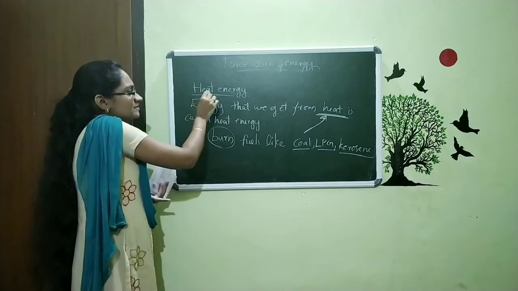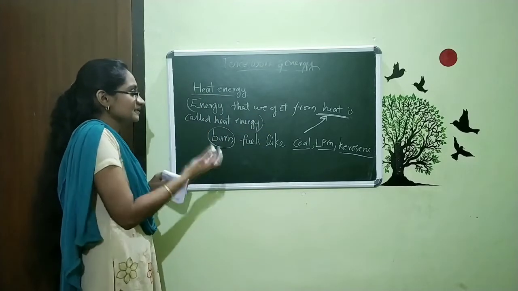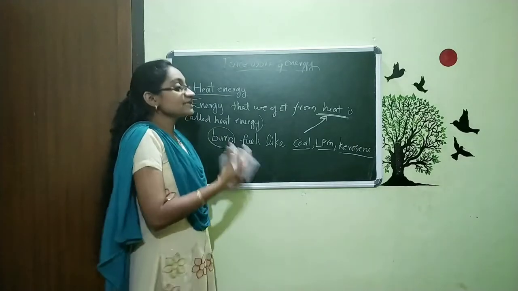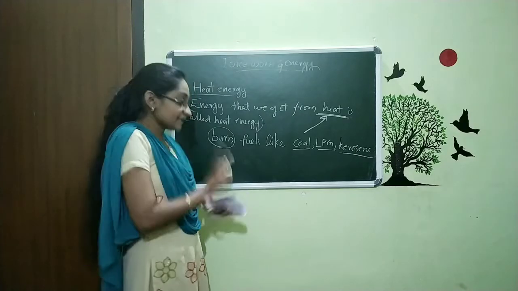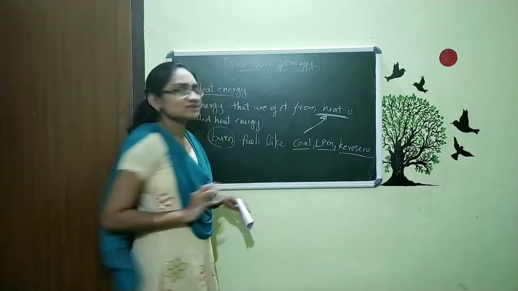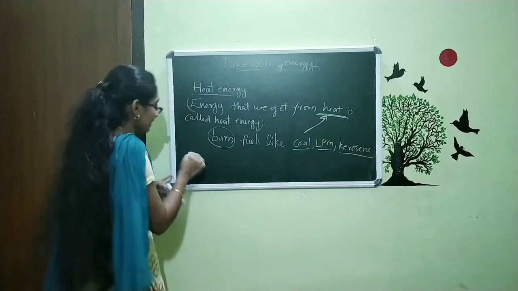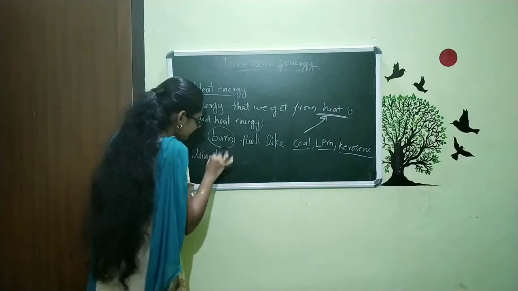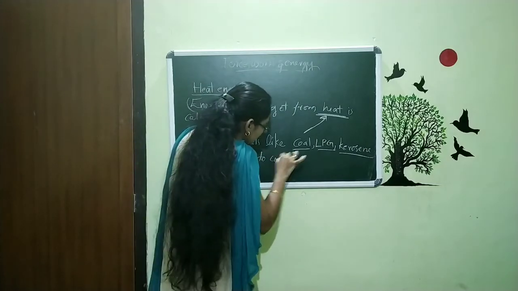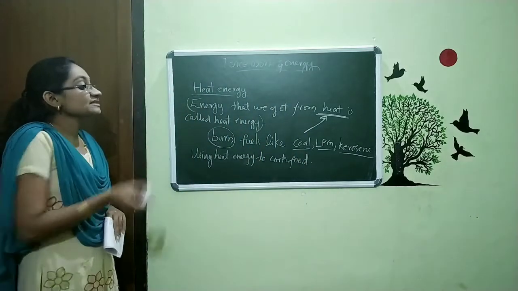Here, for heat energy, you only want to remember this definition. What is heat energy? The energy that we get from heat. And now the question is, where do we get heat energy? We get heat energy by burning fuels like coal, LPG, kerosene, etc. We are using heat energy to cook food.